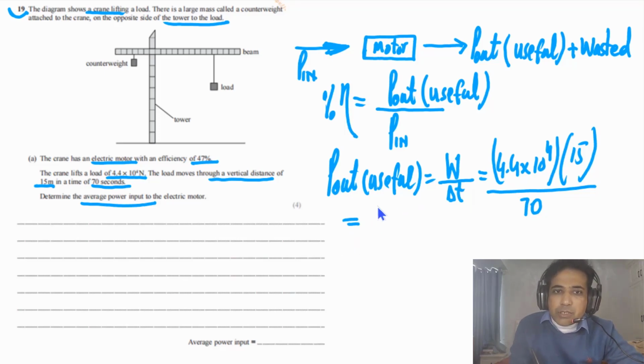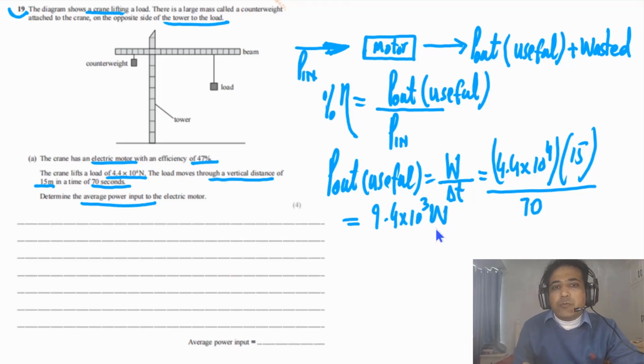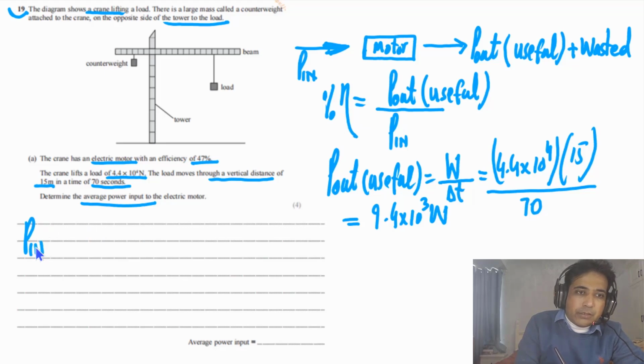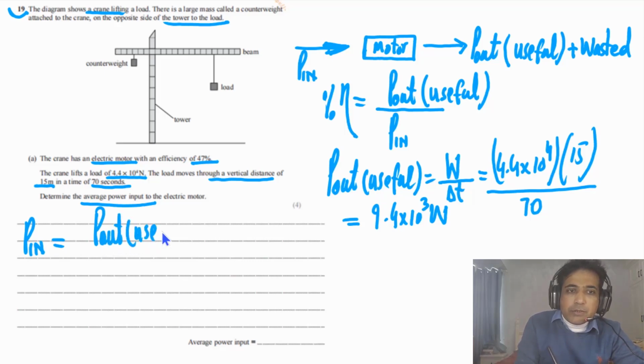P out in this case will be equal to 9.4 times 10 to 3 watts. So this is the value of P out. We need to calculate P in. So we can write here P in, input power. This has to be equal to P out useful, very important, divided by the percentage efficiency.